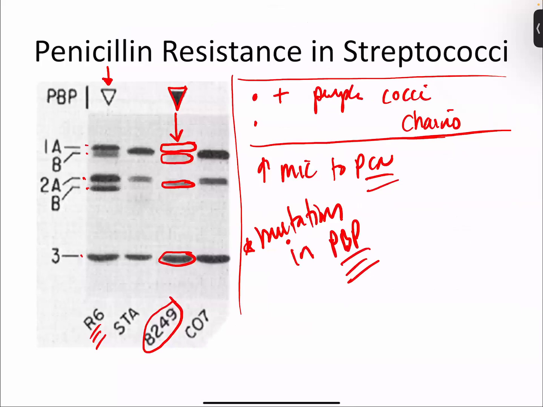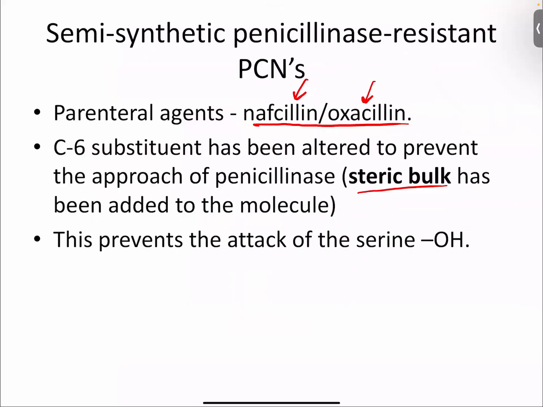So again, too, we talked about altered penicillin binding proteins in strep. And then we talked about the rationale behind oxacillin and nafcillin. We certainly know that Staph aureus has the BLAZ gene, which is responsible for producing a beta-lactamase called PC1. That's listed on that table somewhere.